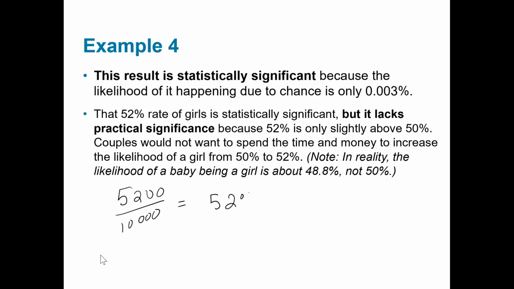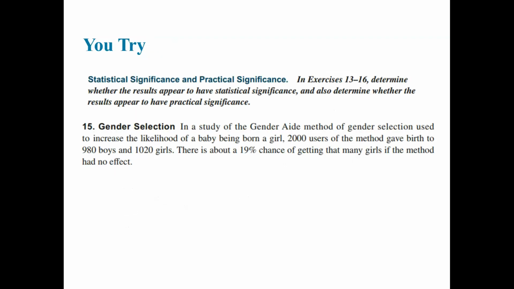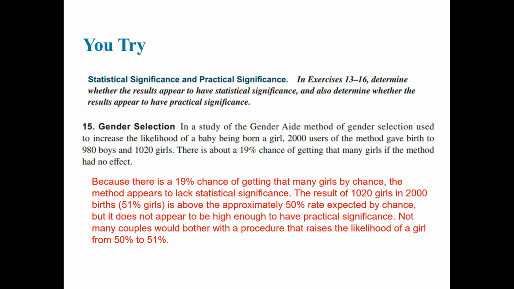We'll talk about percents in a moment, so if you're not quite sure how I got that, that's okay. And 52% is really not that much more likely than just having a baby girl by chance. And so would you want to spend the money practically for just a 52% chance? And so we would say probably not, and therefore it does not have practical significance. Go ahead and give this one a try. And here's the solution.